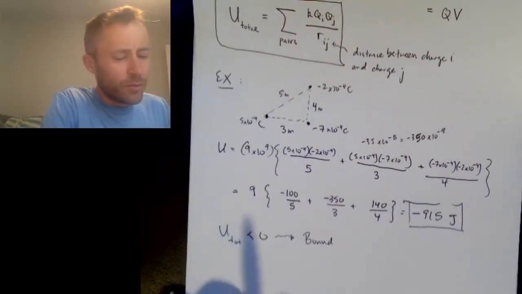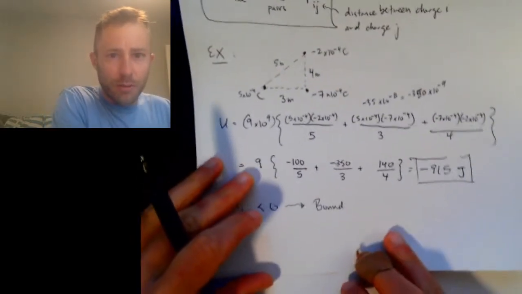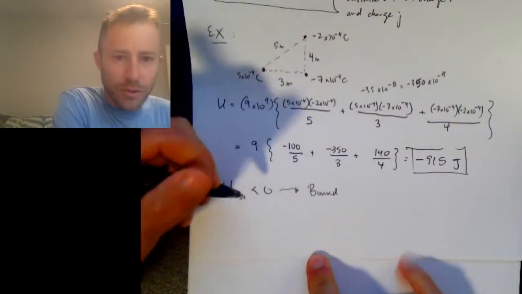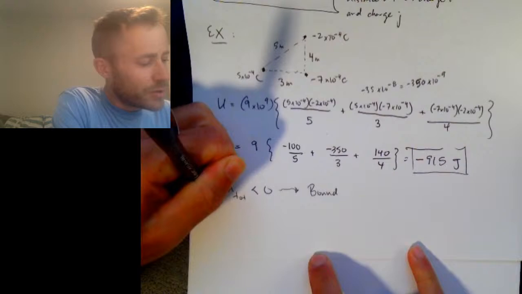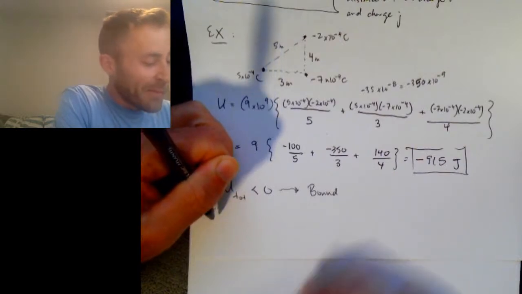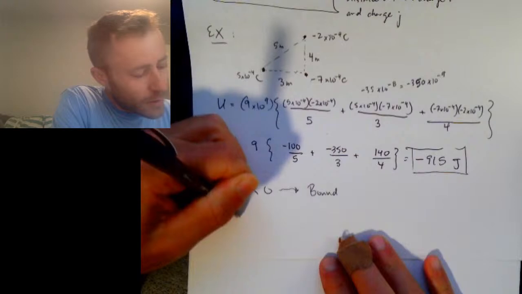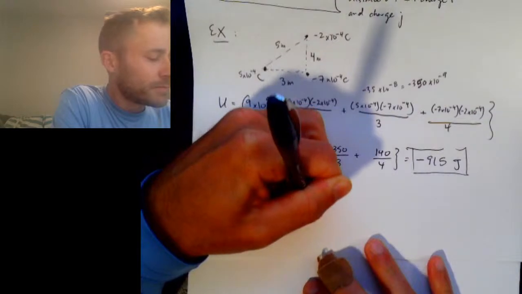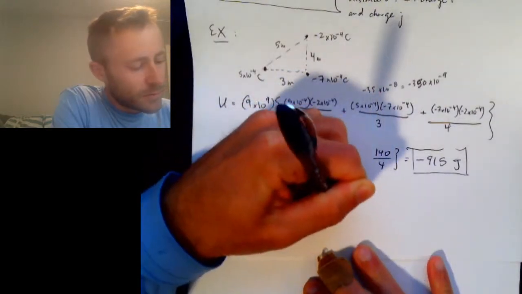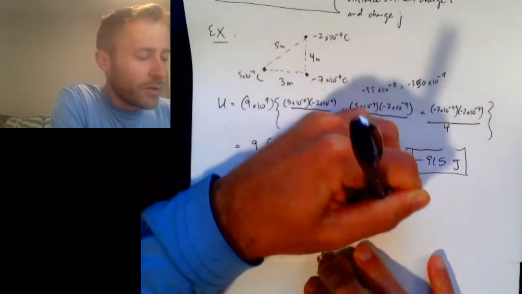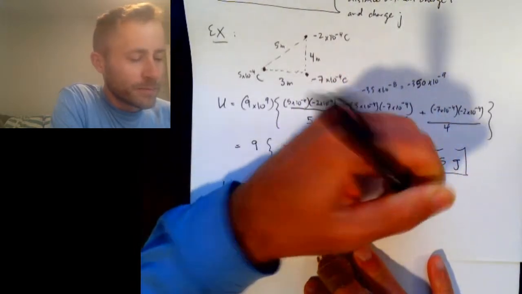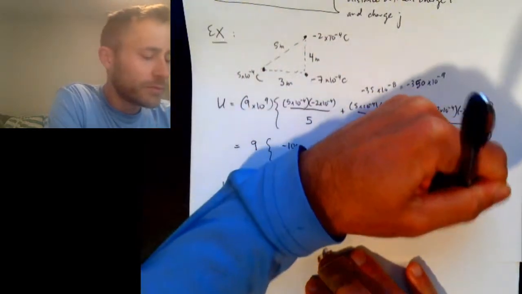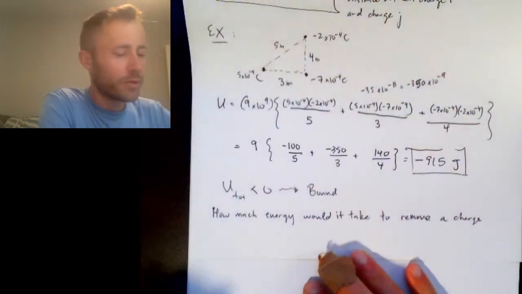So one of the types of problems that we will often want to solve is something like this. We could ask a question where it's like, how much energy would it take to remove a charge from the system, remove it completely from the system?